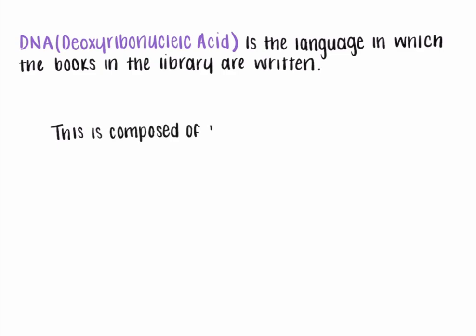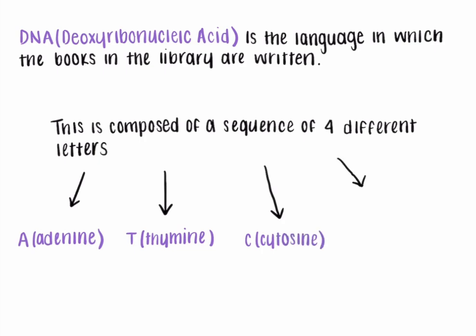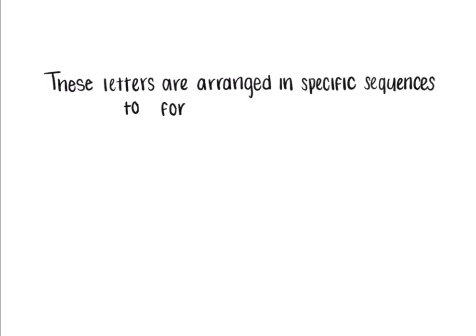This language is composed of sequences of 4 different letters: A for adenine, T for thymine, C for cytosine, and G for guanine. These letters are arranged in specific sequences to form words, sentences, and paragraphs.